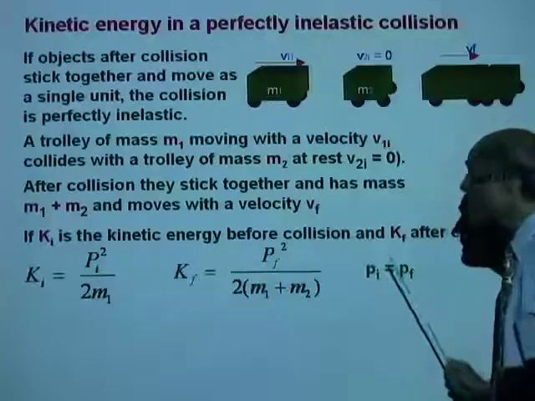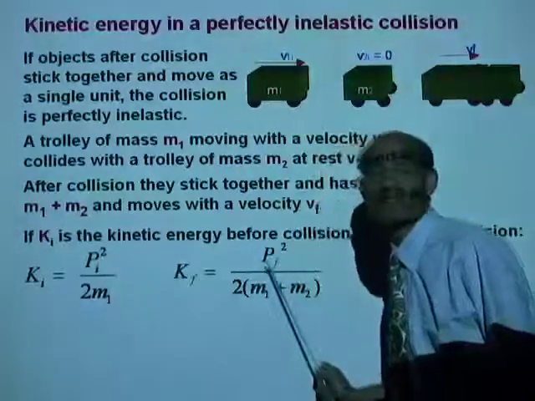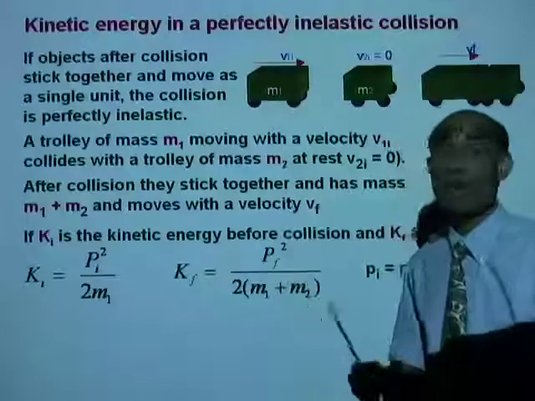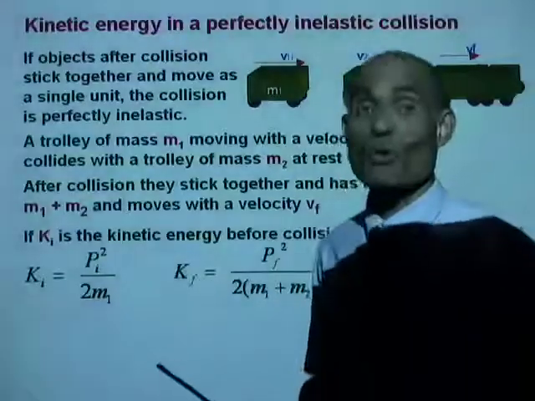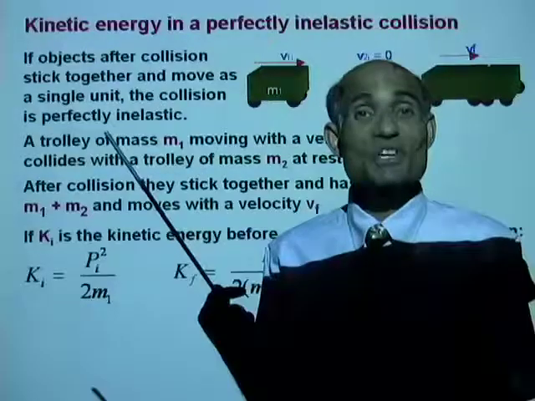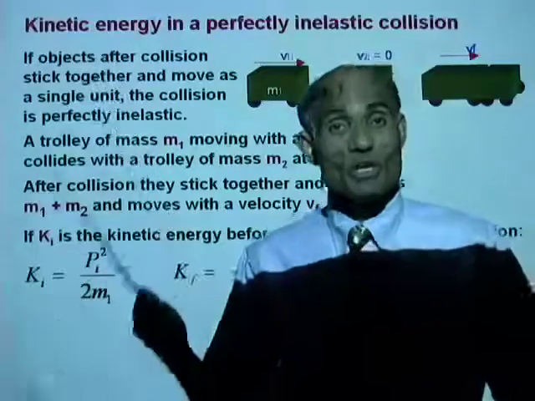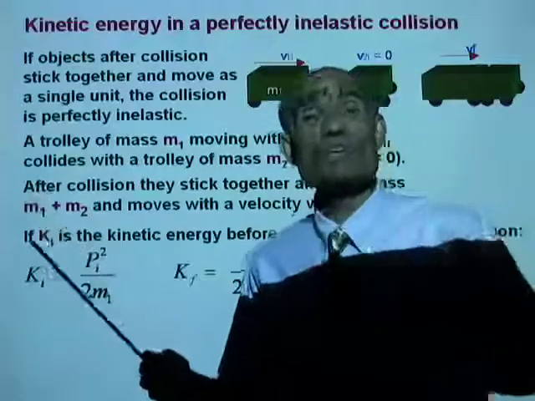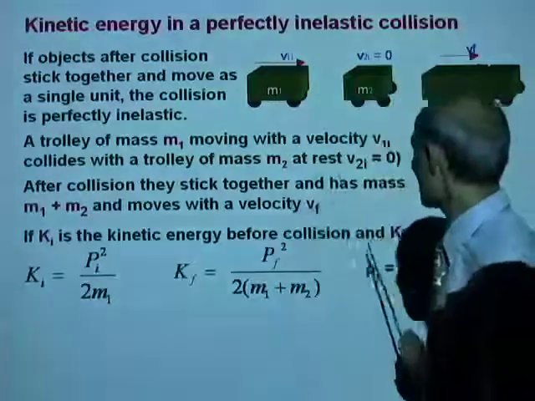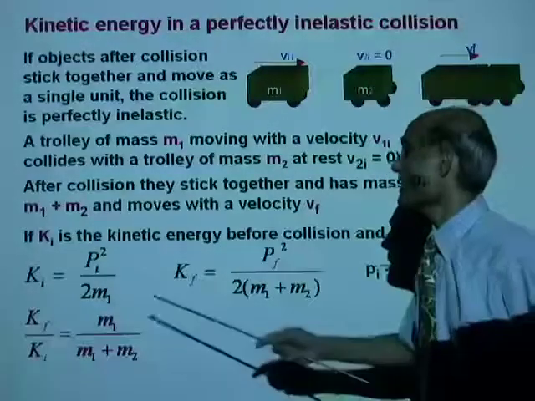And Pi equals Pf, that means Pi squared is the same as Pf squared. Why? Because in all collisions, momentum is conserved. No matter what kind of collision you consider, initial momentum is always equal to the final momentum. So Pi is always equal to Pf.